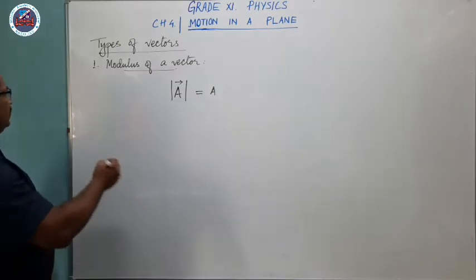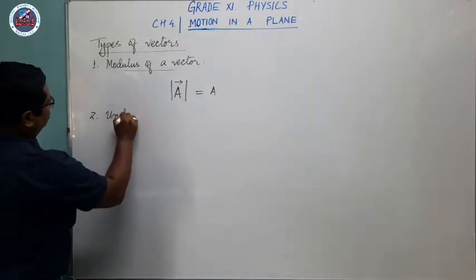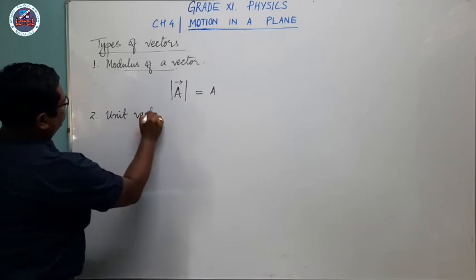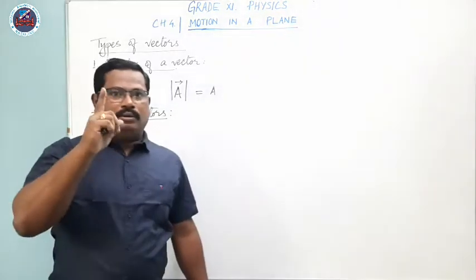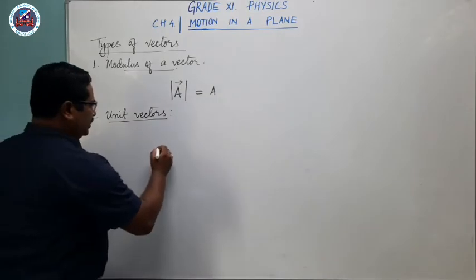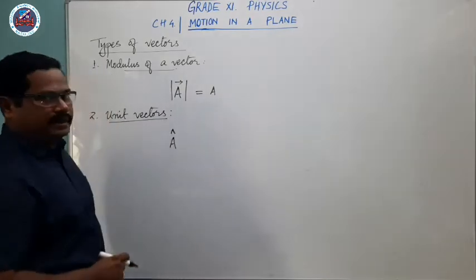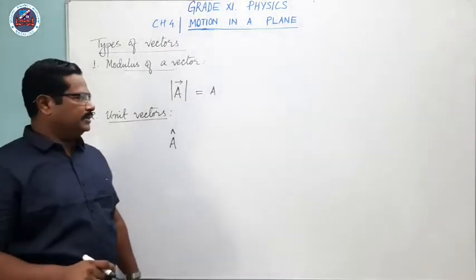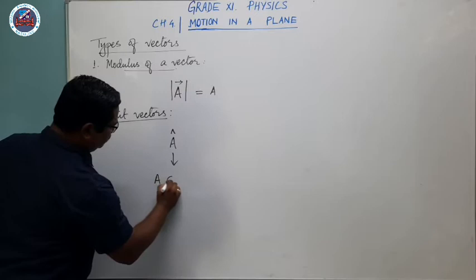Now the second one that we have to know about is unit vectors. Unit vectors are those vectors whose magnitude is 1, or unity. A unit vector we write with a cap, or we can call it a hat. A hat. You read it as A hat, or A cap.